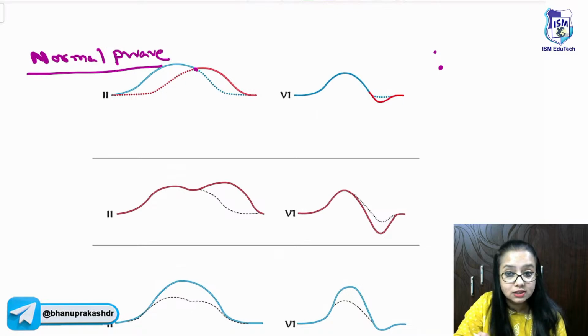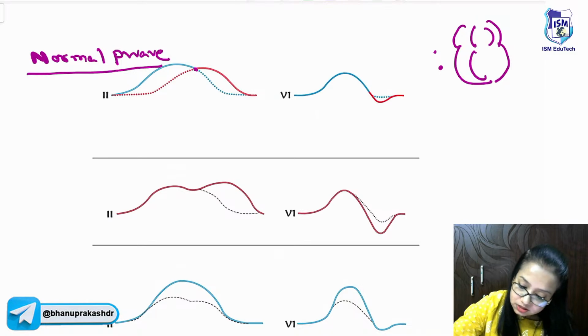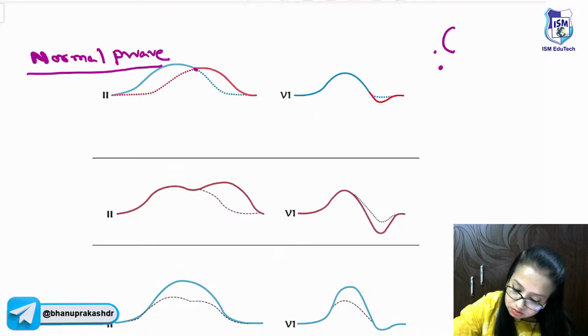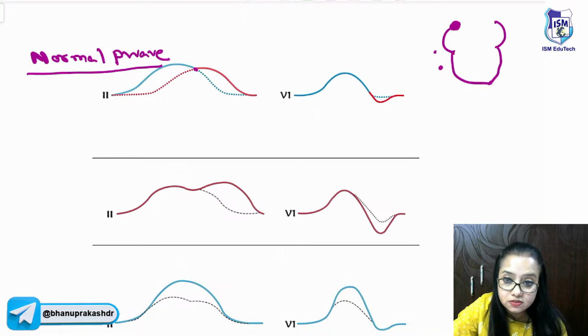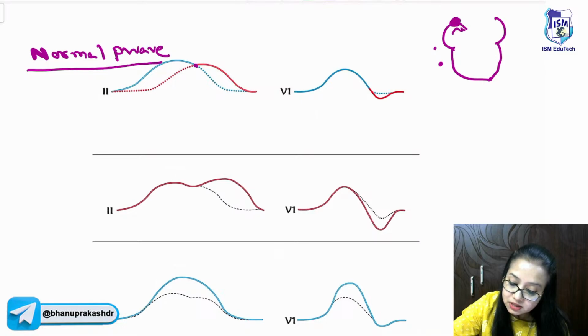Why is that so? If you remember what we studied, this is our heart. Where is the SA node located? The SA node is located at the junction between the superior vena cava and the right atrium. So it first generates the impulse, which first sweeps the right atrium. From the right atrium, through Bachmann's bundle, it goes to the left atrium.